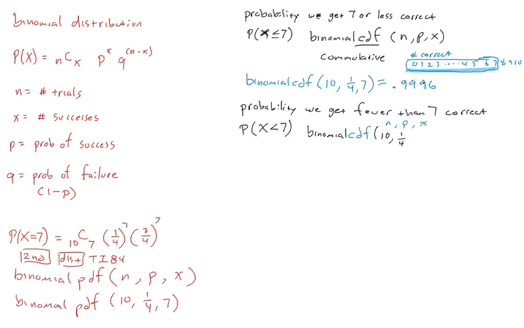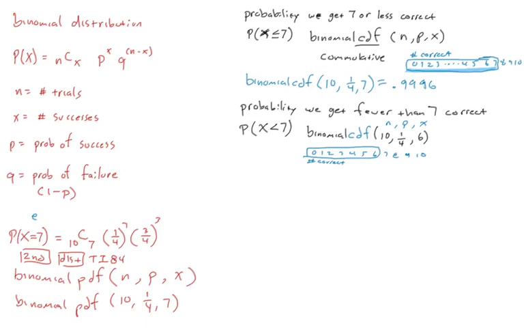But this time our N and our P are going to be the same, but our X is actually going to be 6 because we want fewer than 7, so we're not actually including it. If I write all the numbers we could get correct here, I want fewer than 7, so I'm looking for 6 and below.